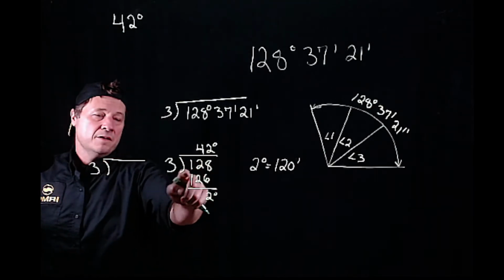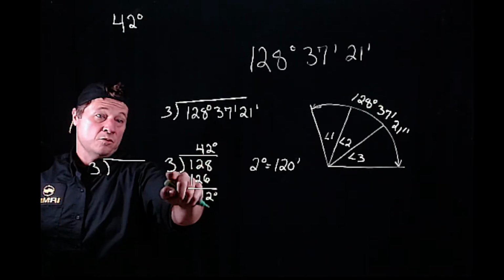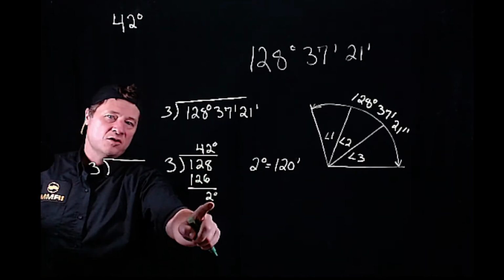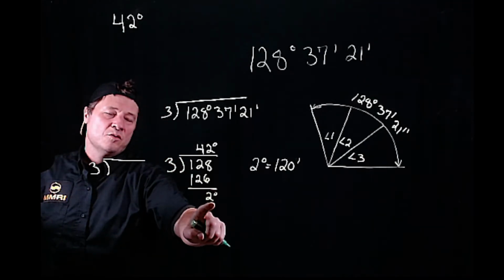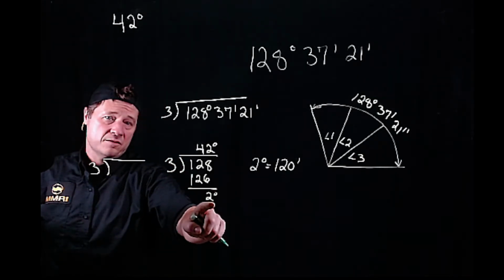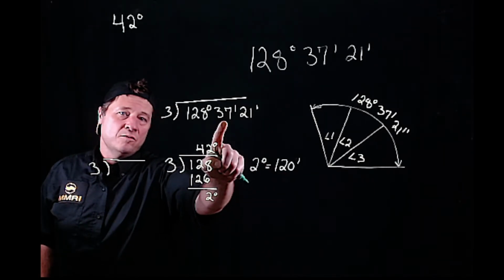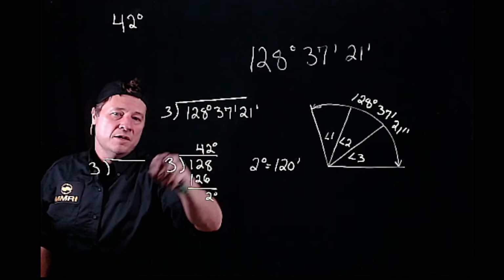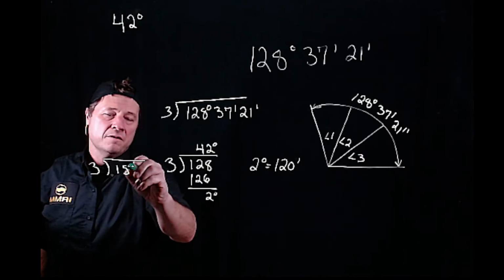So remember, 128 divided by 3 is 42. 42 times 3 is 126. Subtract that from 128, I get a 2 degree remainder. Write down my 42 degrees, take my 2 degree remainder and turn it into minutes. Then I add those minutes to the minutes in my whole angle. So 37 plus 120 is 157 minutes.